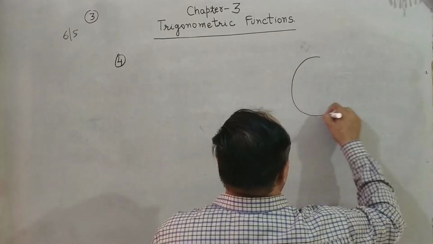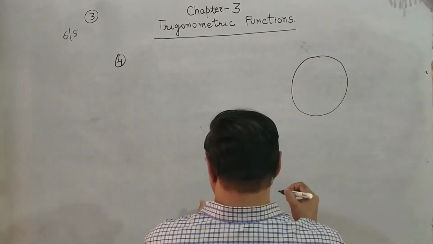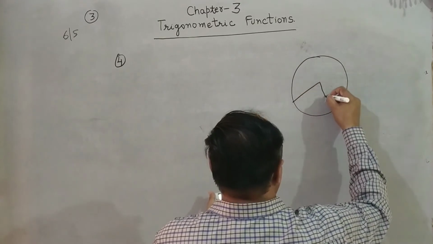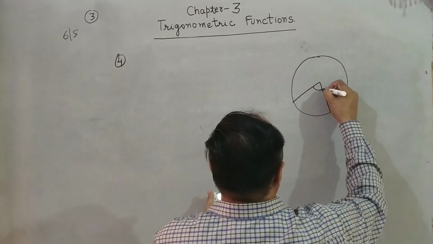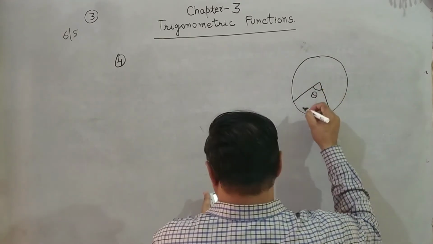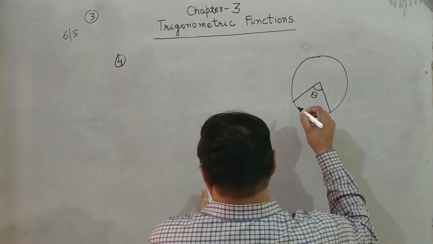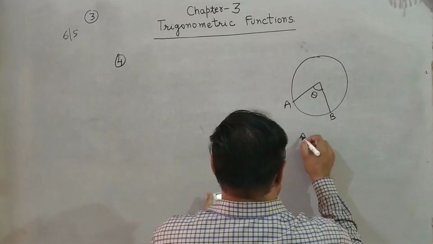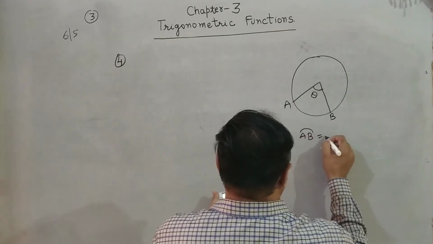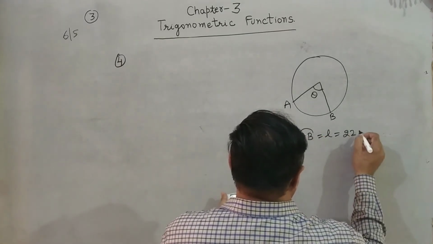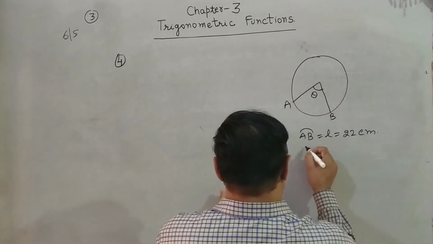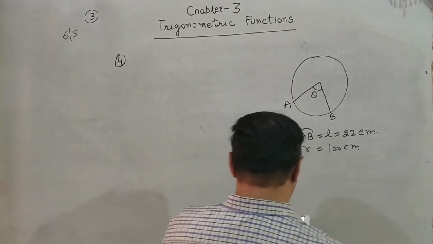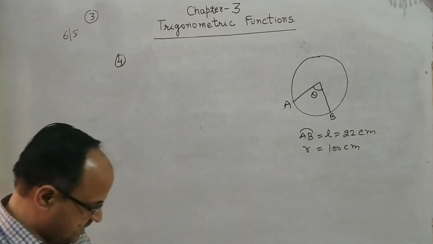In the circle, we want to find the degree measure of this central angle theta. The arc length AB, that is L, is given as 22 centimeters, and the radius is given as 100 centimeters.